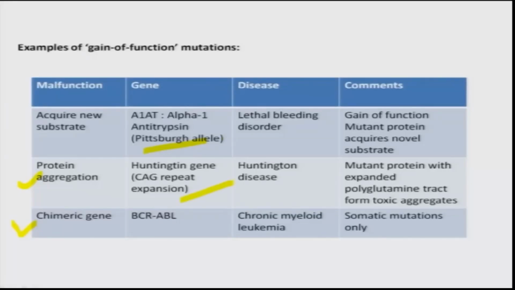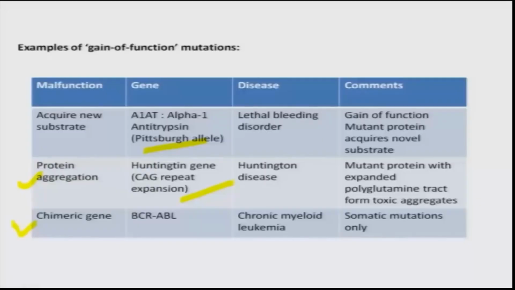So, let us first look into a condition called Huntington disease, and this disease is caused by a gene which codes for a protein called huntingtin, and this happens because of a change in the DNA resulting in expansion of certain unique sequence repeats.